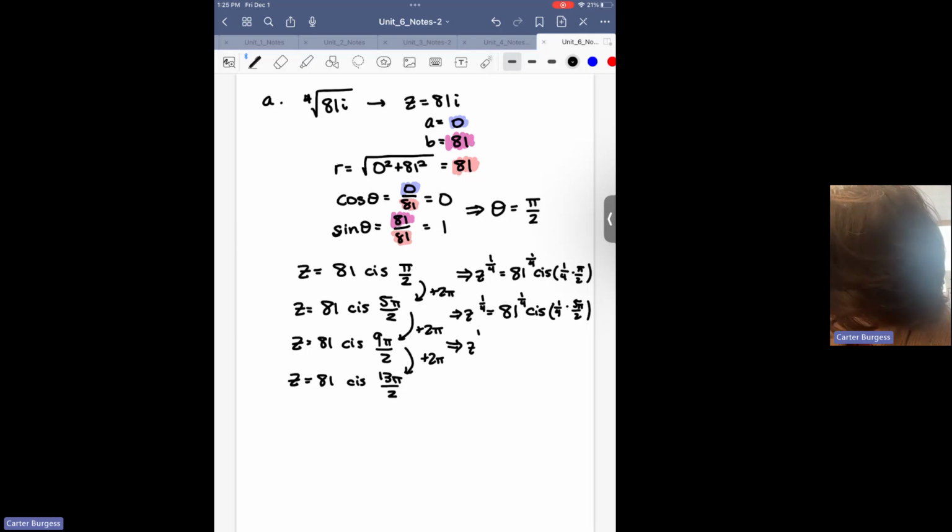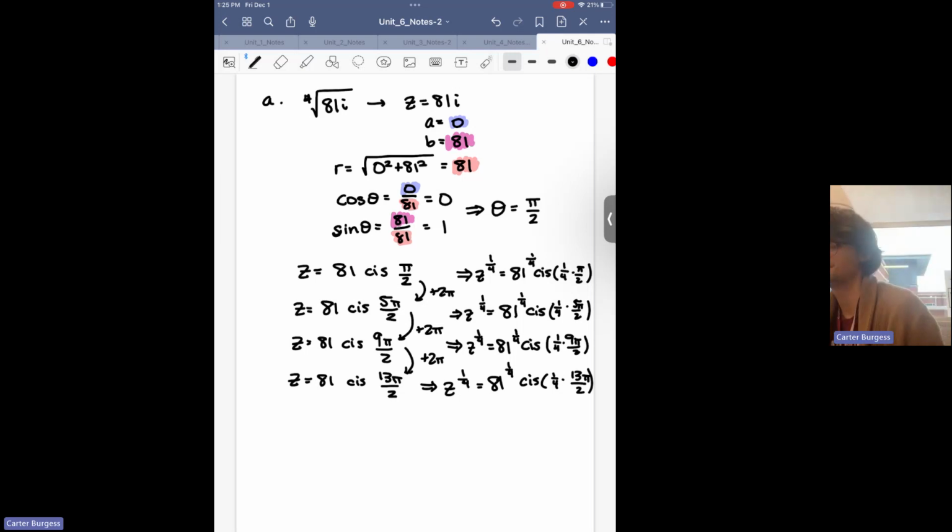Z to the 1/4: 81 to the 1/4 CIS of 1/4 times 9 pi over 2. And lastly, 81 to the 1/4 CIS of 1/4 times 13 pi over 2.